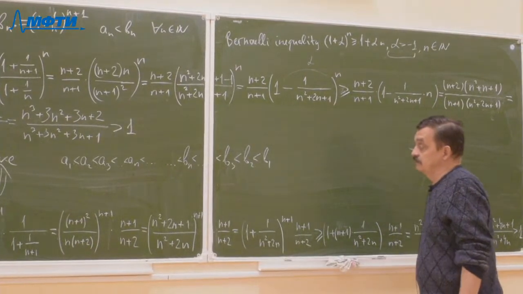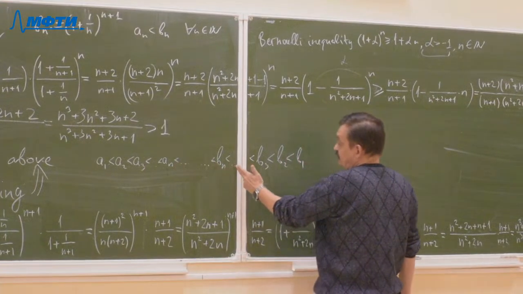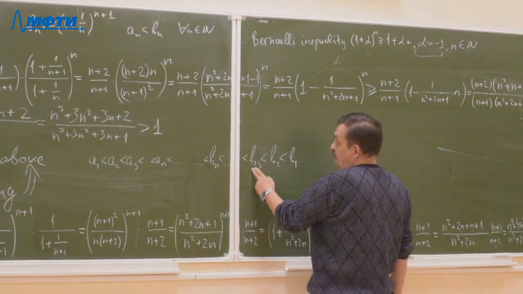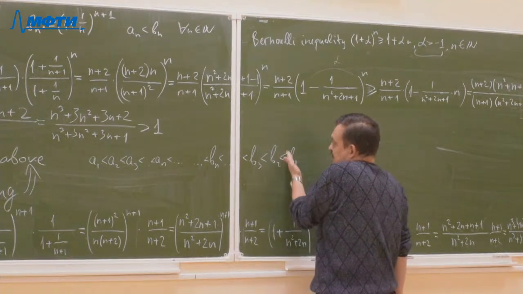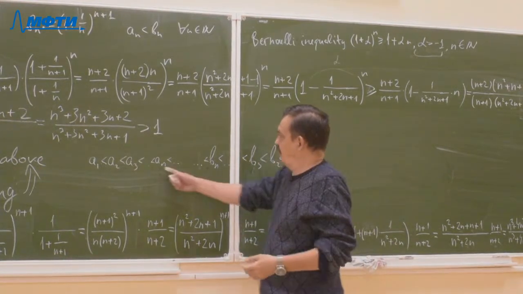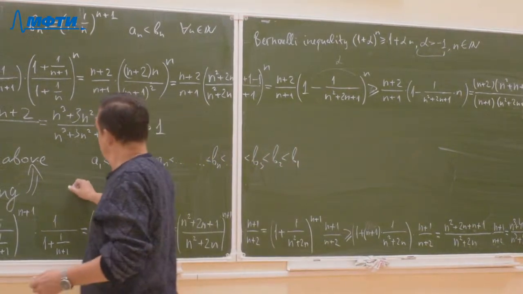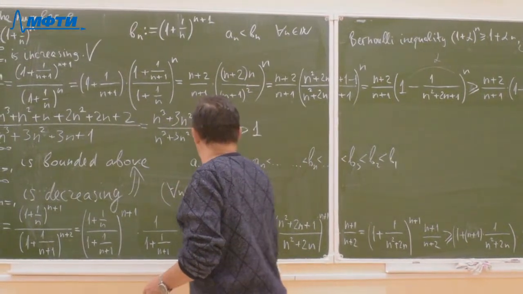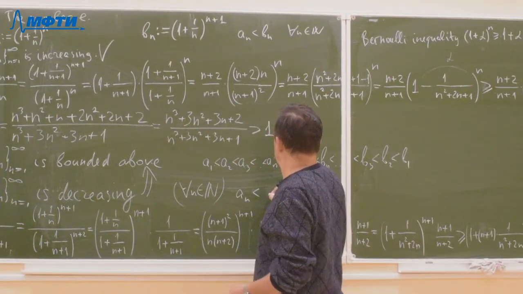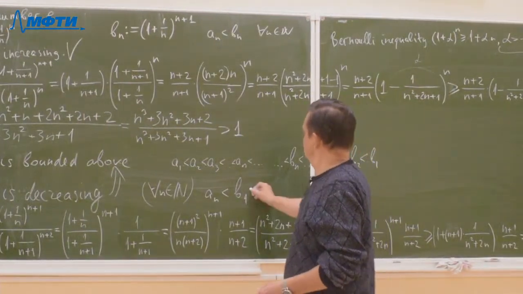Then An is automatically less than all members before. So, for example, An is smaller than B1. So we have for arbitrary n, An less than B1. And what is B1?